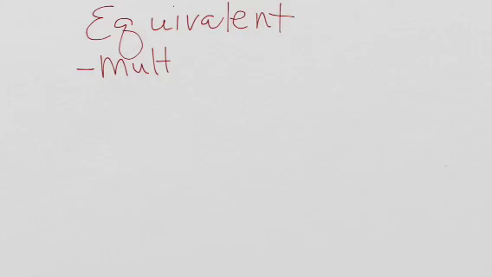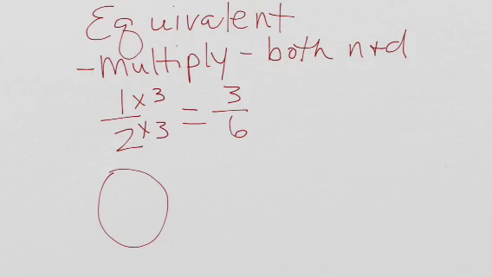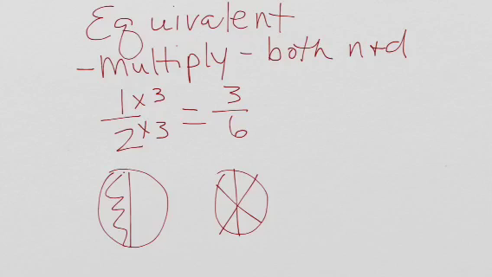The easiest is to multiply both the numerator and the denominator by the same number. So again, 1/2. As long as I multiply that by the same number, let's say 3, that would be 3/6. I can tell that 1/2 is going to be the same as 3/6. It's going to be the same amount.